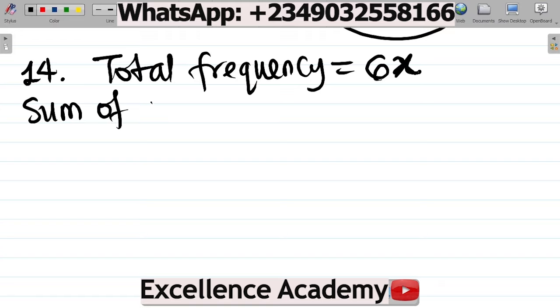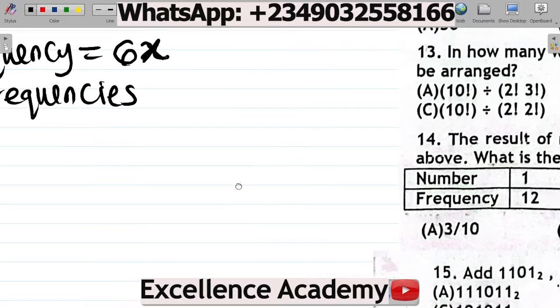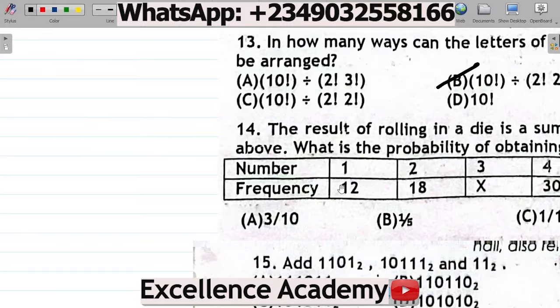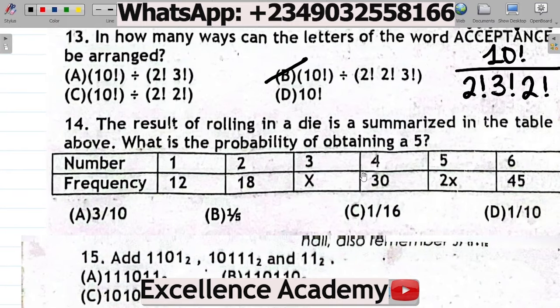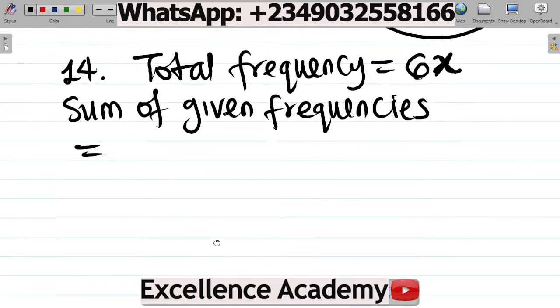Now, the next thing we have to do is to find the sum of the given frequencies. What's the sum of given frequencies? What do we have there? For 14, we have 12 plus 18 plus x plus 30 plus 2x plus 45. Let's sum them.